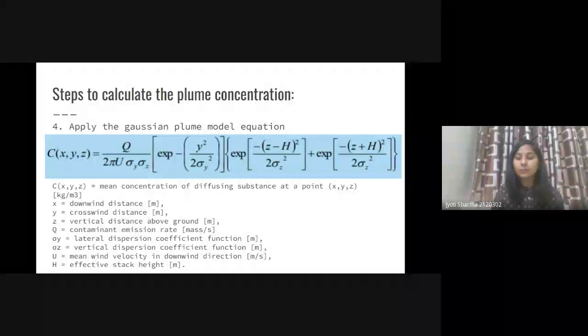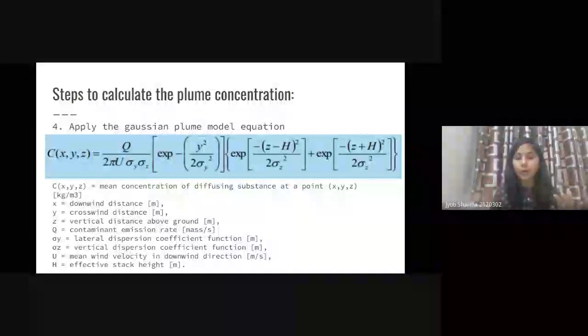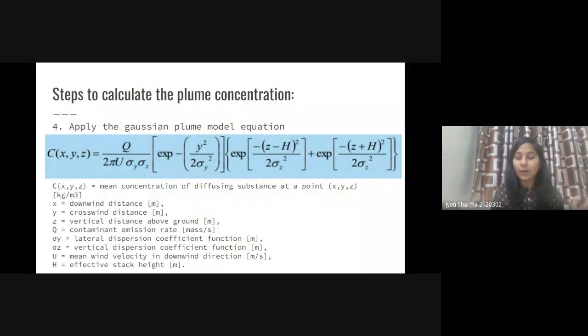This is the Gaussian plume model equation by which you can calculate the concentration. On the left hand side, you have the concentration, and the position of that concentration will be x, y, z. So you want to see where you want to estimate it, at what height, at what distance, and at what horizontal deviation you want to see your concentration. This concentration will be equal to, so here we have some parameters: Q is the contaminant emission rate.